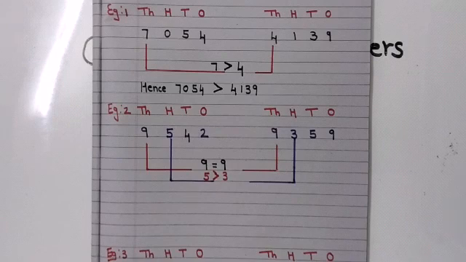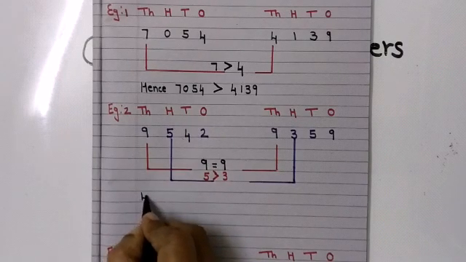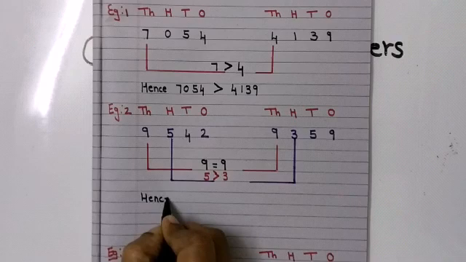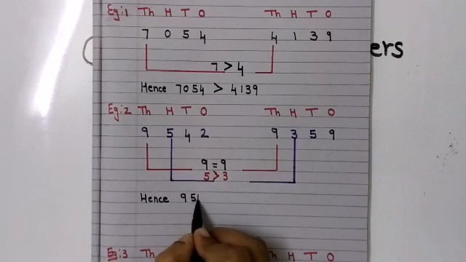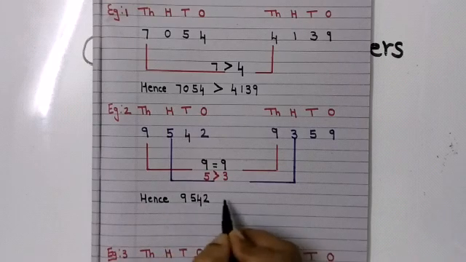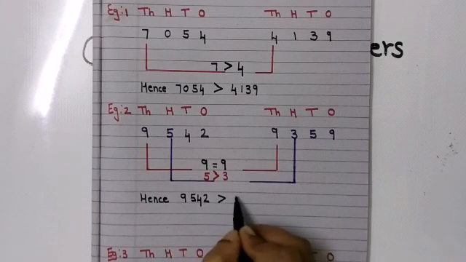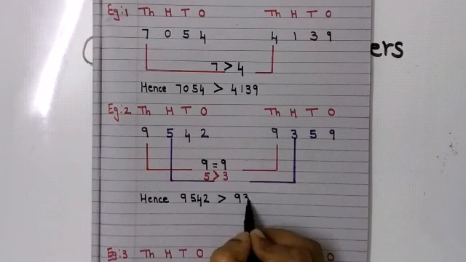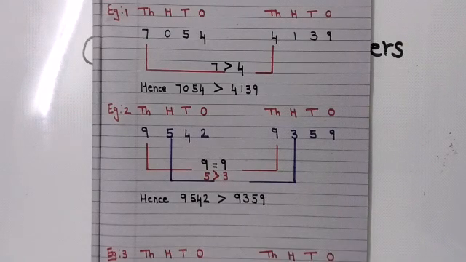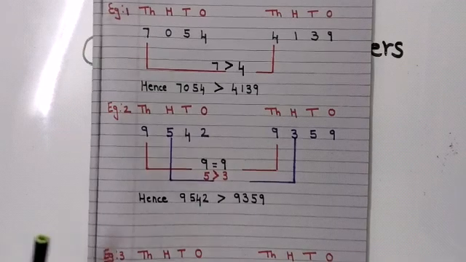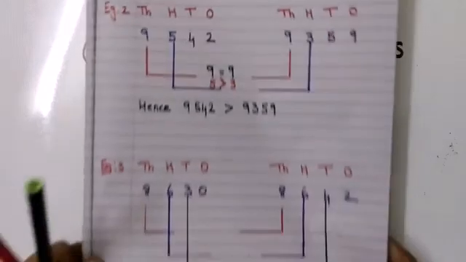So what answer will I write, children? Hence 9,542 is greater than 9359. Clear? Now let's move to the next example.